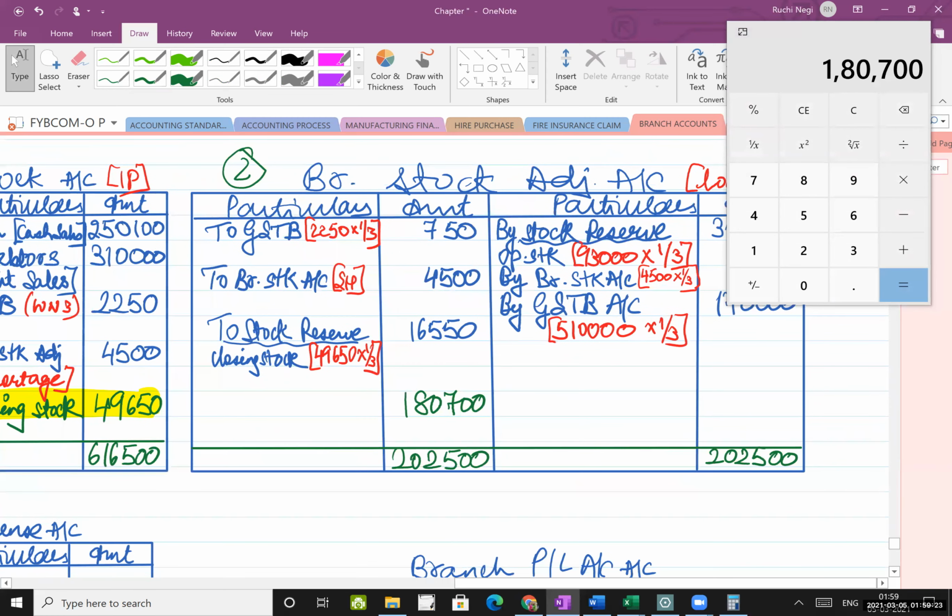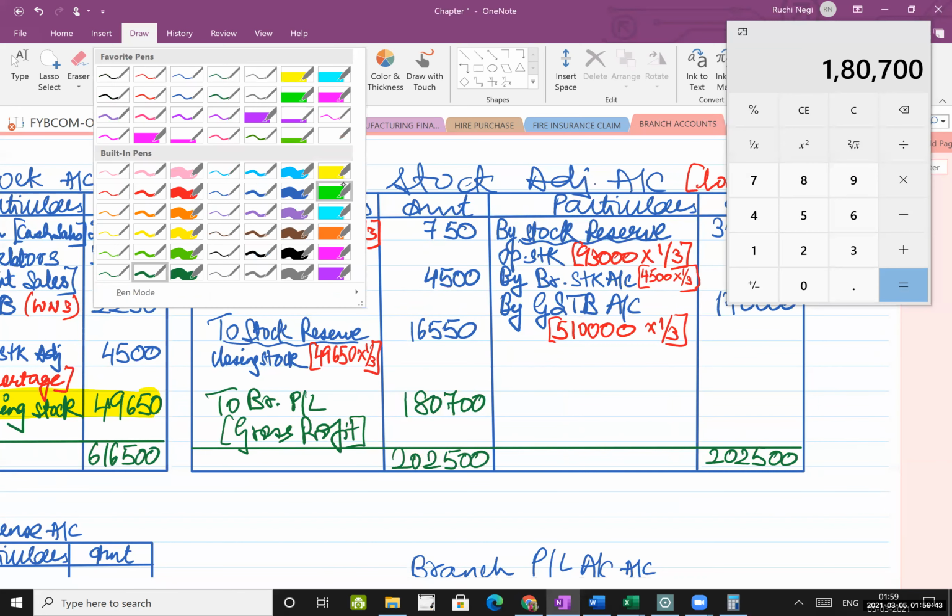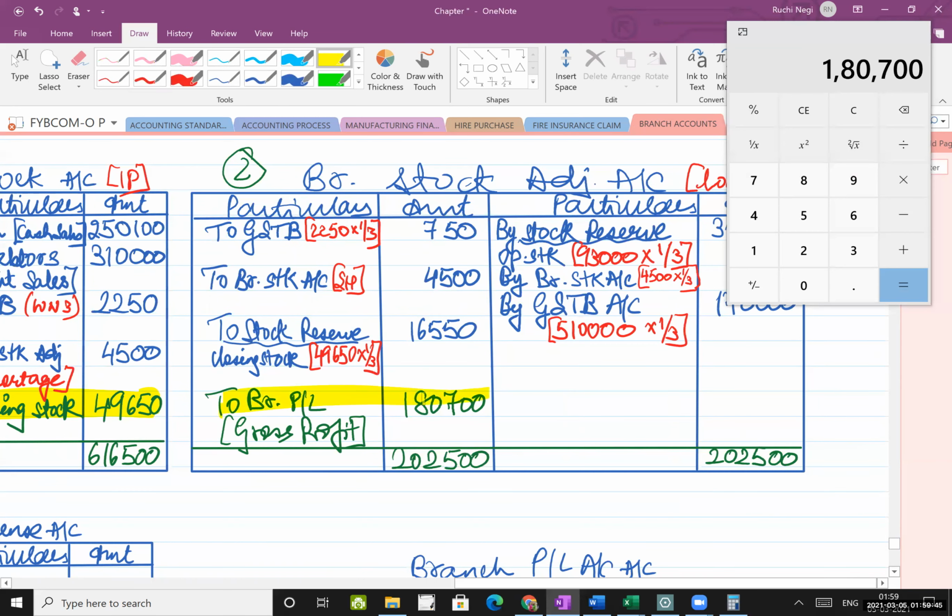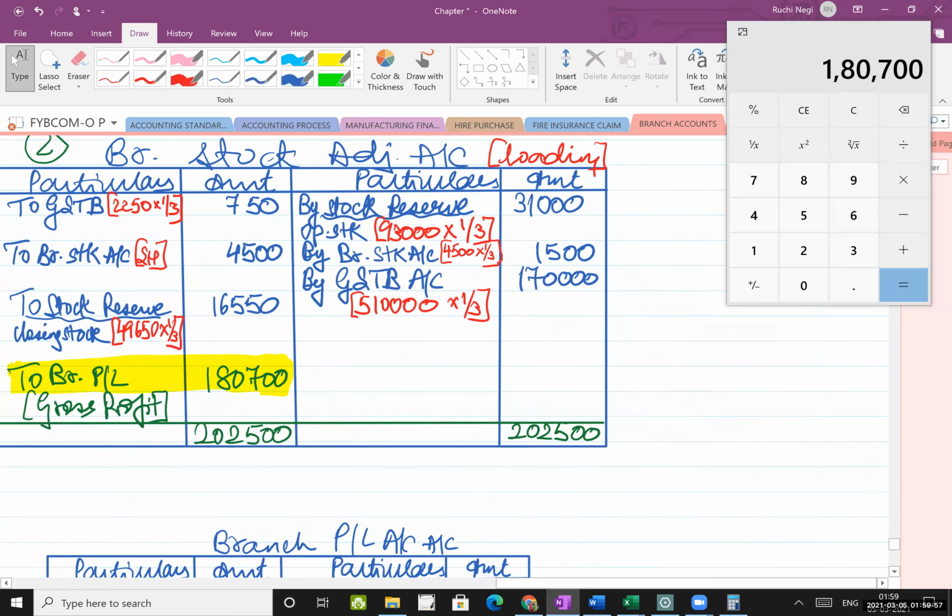Where will this go? This will go to branch P&L. What is this? This is my gross profit. So this is the balancing figure for branch stock adjustment account.